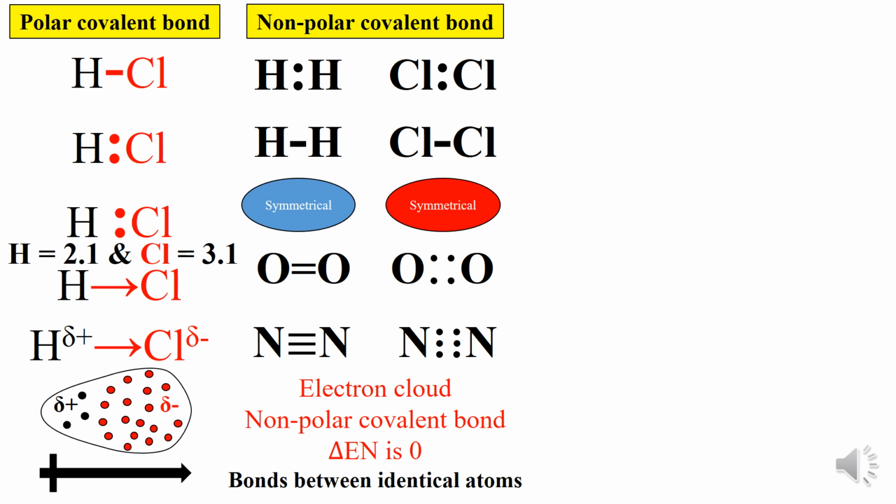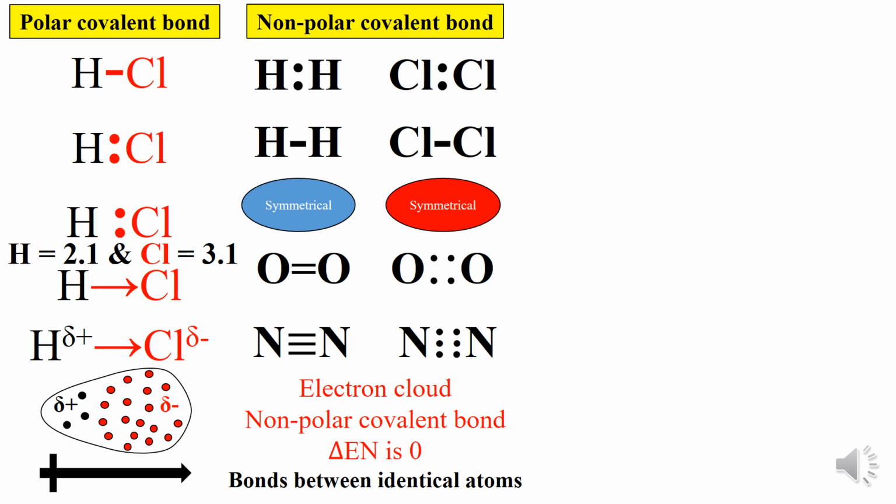See, when the atoms are identical, the electronegativity difference will be 0. So for example, the electronegativity value of hydrogen is 2.1. So in case of hydrogen molecule, when you take the difference 2.1 minus 2.1, you'll end up with 0. So generally in case of homoatomic molecules, you find the bonds between identical atoms, and therefore the electronegativity difference will be 0, and that results in a non-polar covalent bond.